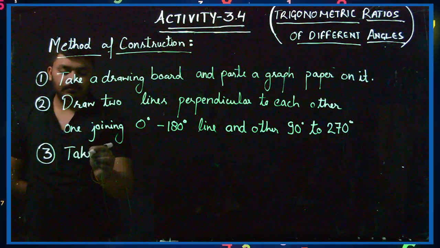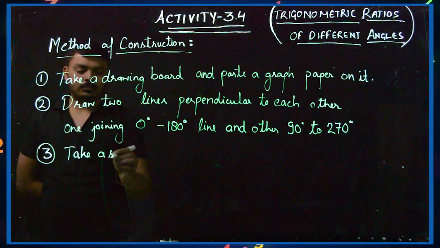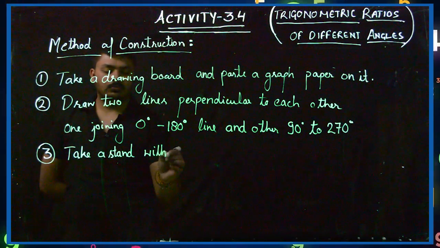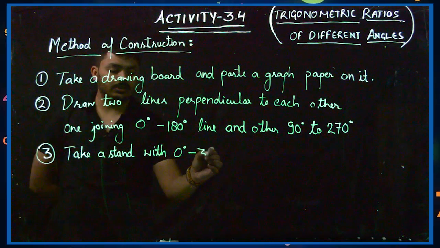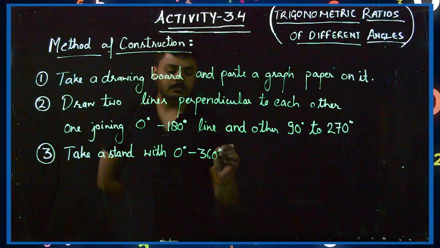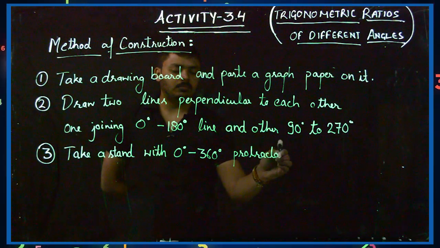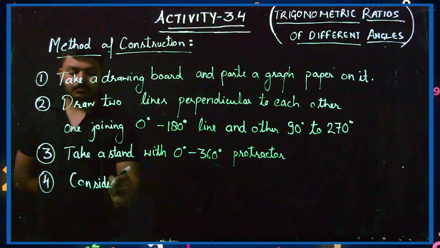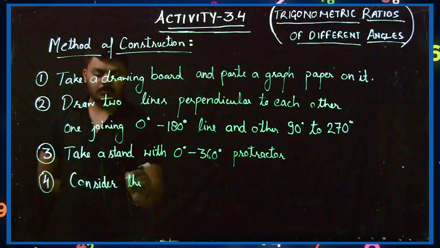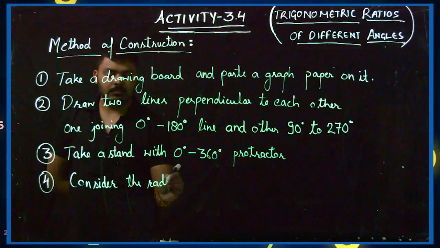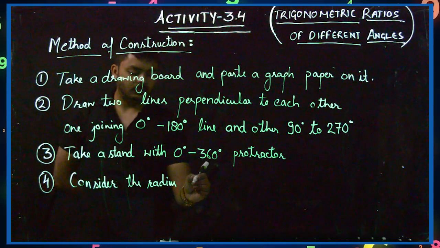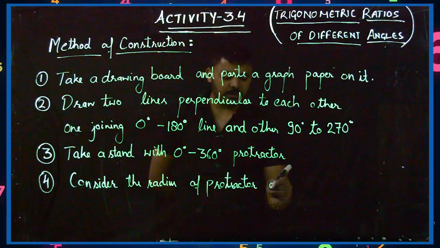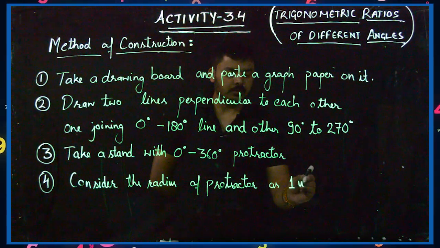Take a stand with a 0 degree to 360 degree protractor. Consider the radius of the protractor as 1 unit.